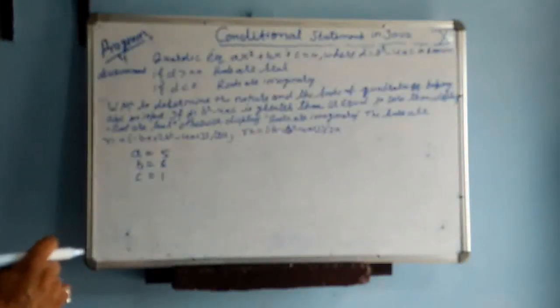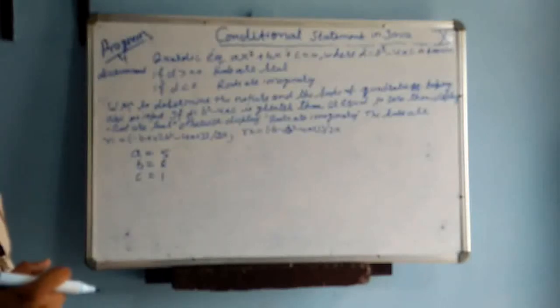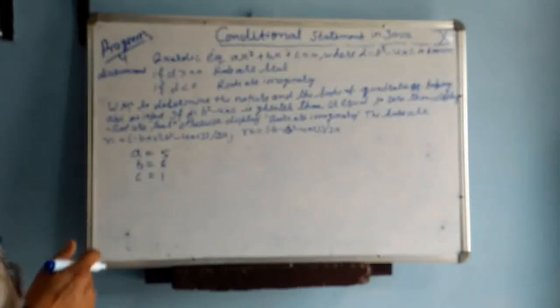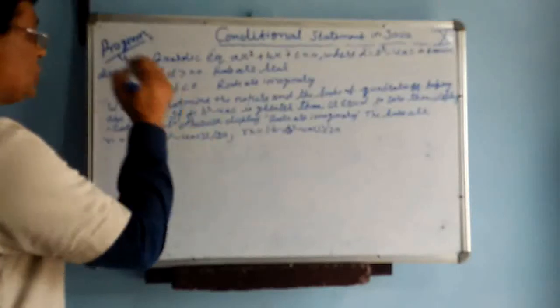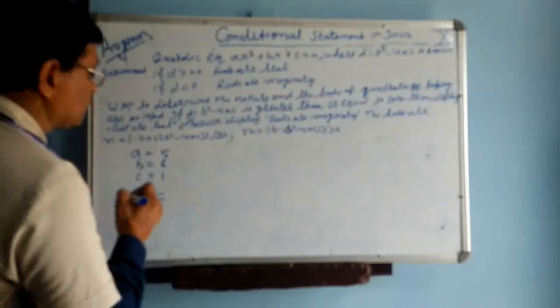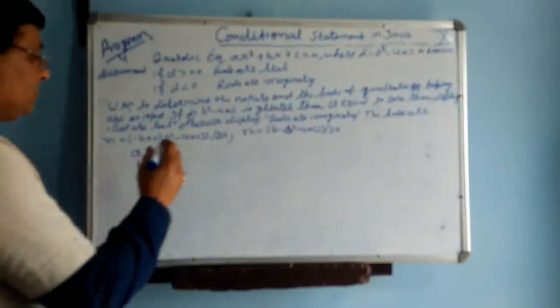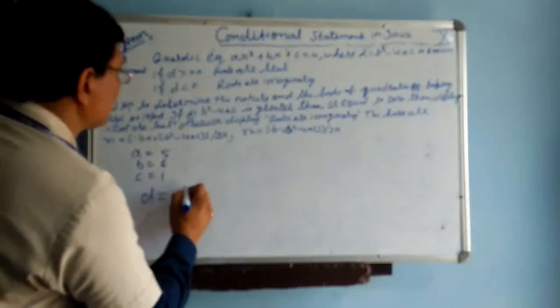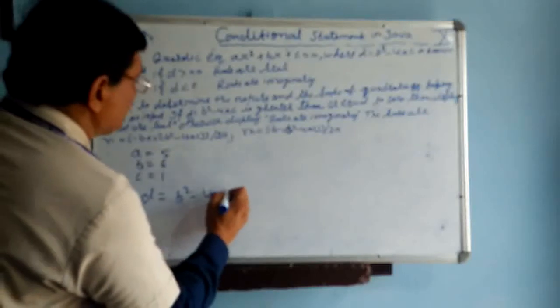Now after that it will check by using this equation. We have to use this equation: d is equal to b square minus 4ac.